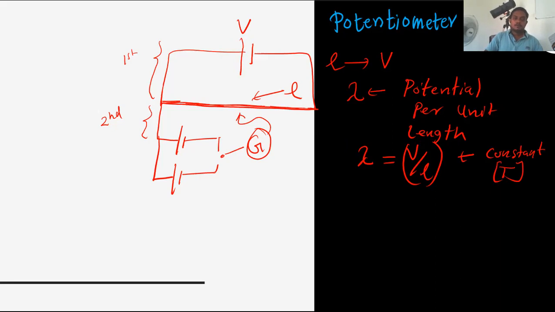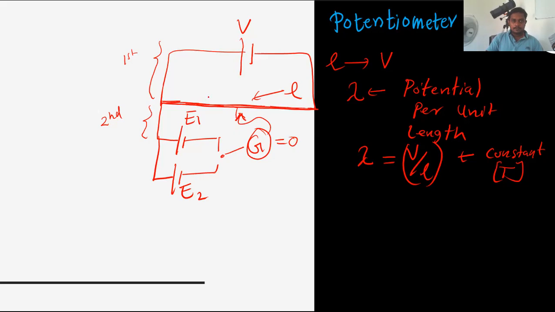Here consider we have two cells, E1 and E2. We can keep the jockey at a place where we get galvanometer 0. Galvanometer 0 means no current is flowing through this.